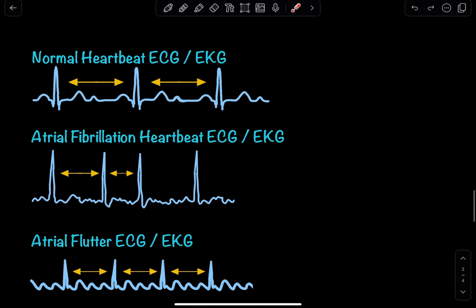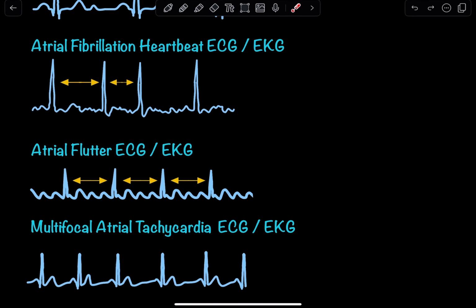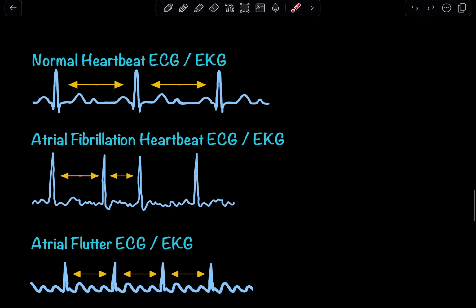Now, to compare and contrast with normal sinus rhythm and then the two other arrhythmias that we went over, this is a normal sinus rhythm. We can see that we have our QRS complex. The P wave morphology is consistent. The intervals are consistent.